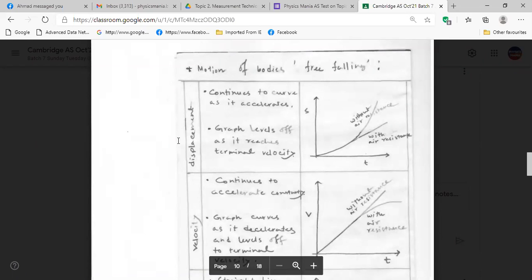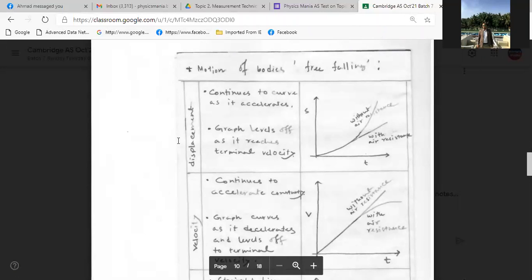The object motion is different. Like the constant speed graph for displacement time graph, constant speed or constant velocity, and the constant acceleration for speed time graph are exactly the same shape, isn't it?